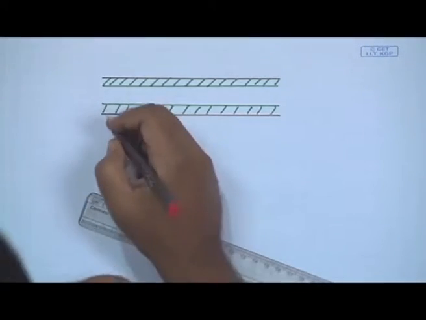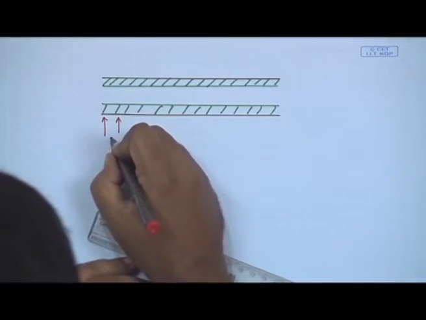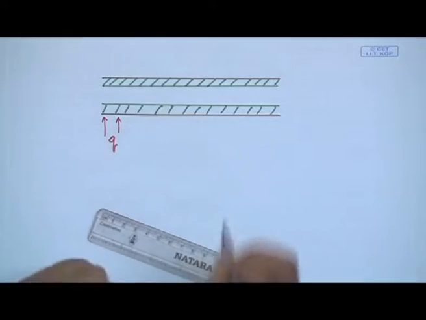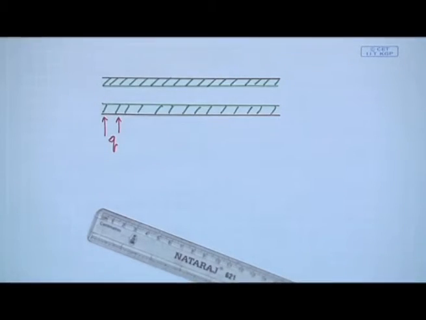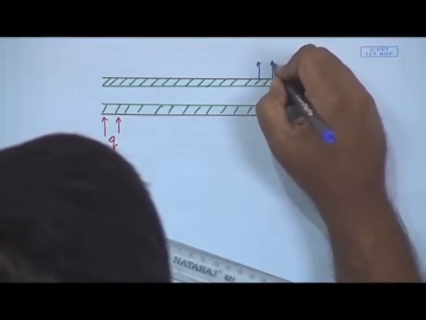On one end, I am supplying heat, and using the normal nomenclature, we will use the symbol Q, and on the other end I am extracting that heat out.